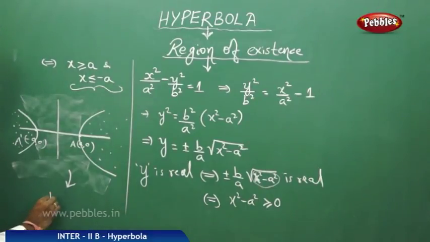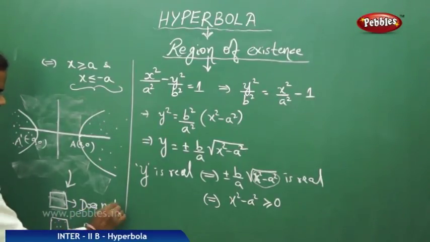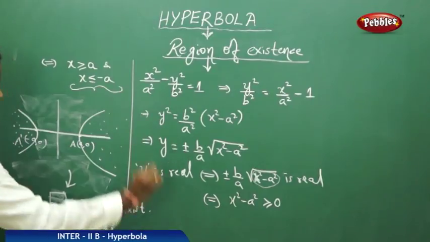So this makes me understand the two regions: one this, and the other is this, where the hyperbola exists and here it does not exist.